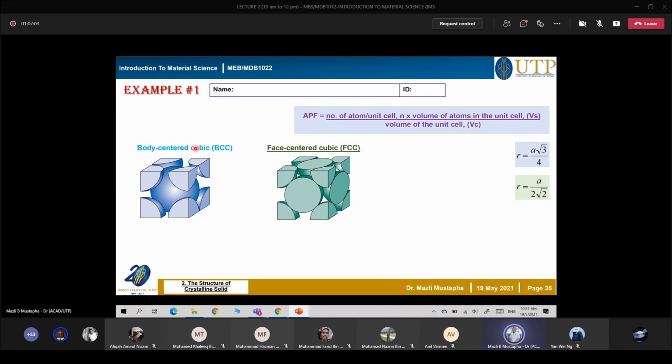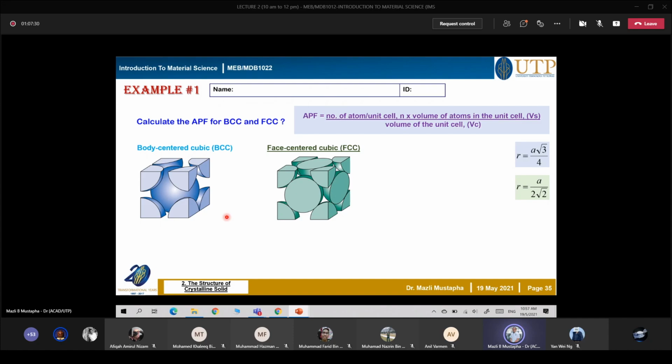Okay, for the body center cubic and face center cubic. Let's say if I ask you to draw, you need not draw like this. You just need to have a simple cube, the one that I mentioned in our previous set. But if you can draw this, I'm not opposed to it. I think it's great. Okay, and then for this one, what is the question? Sorry about that.